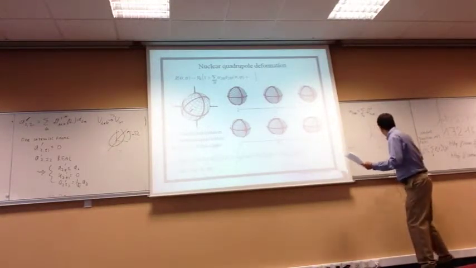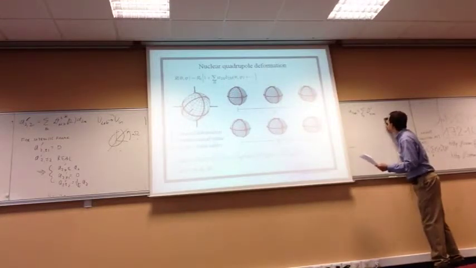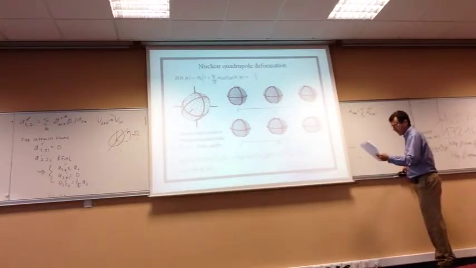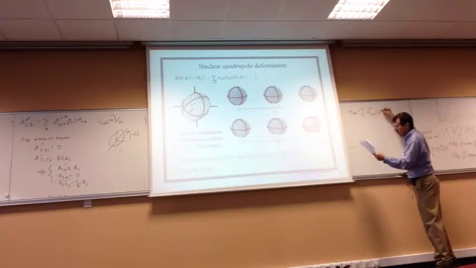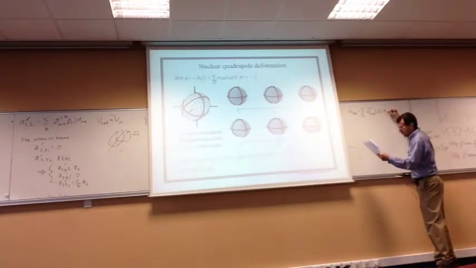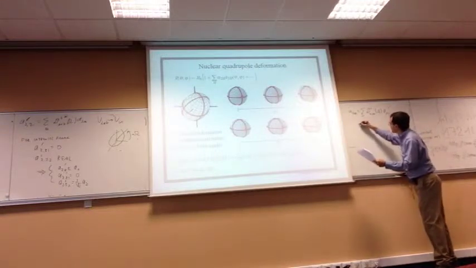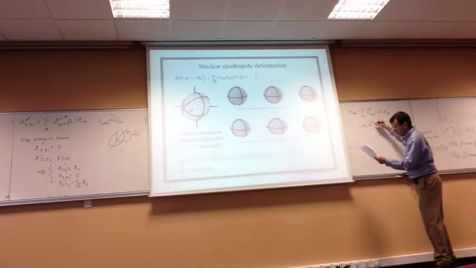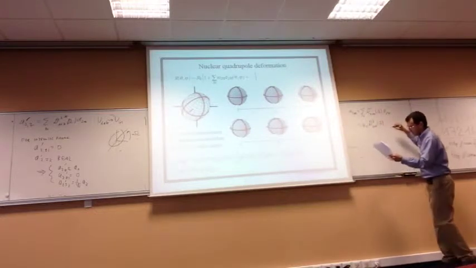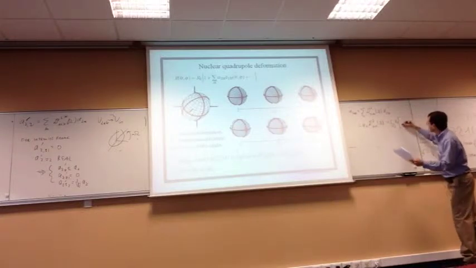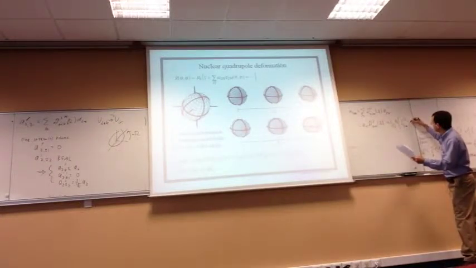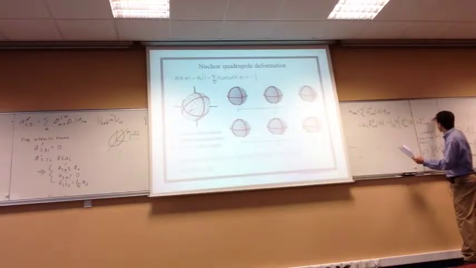Okay, so we have, rotating backwards, A2 nu primes there, so we end up with A0 d2 0 mu omega plus 1 over root 2 A2 times d2 2 mu omega plus d2 minus 2 mu omega.